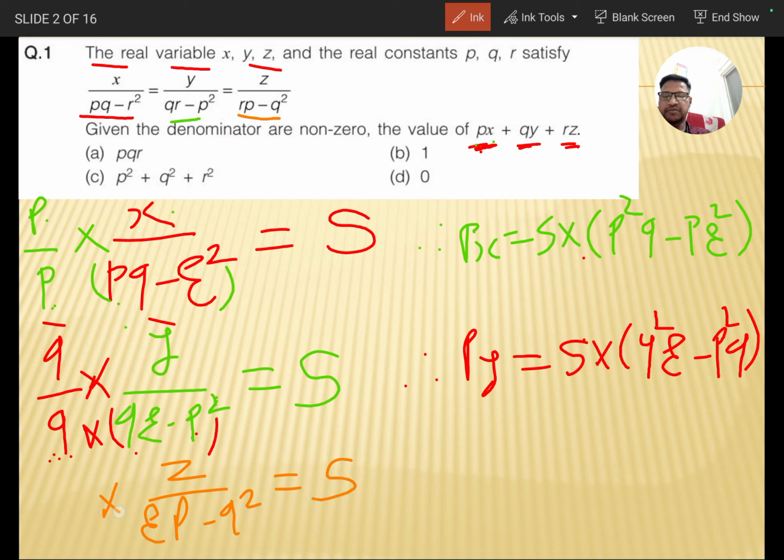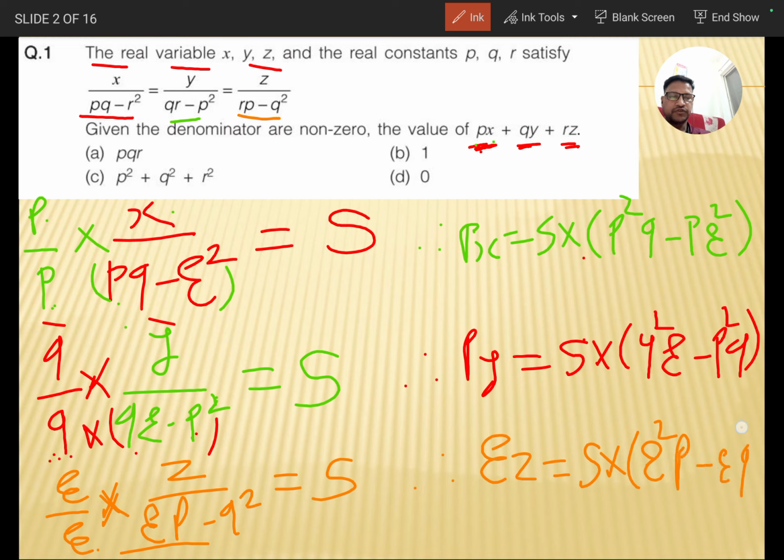And if I multiply by r and divide by r, it does not change the entire term. So rz is equal to s multiplied by r square p minus r into q square.